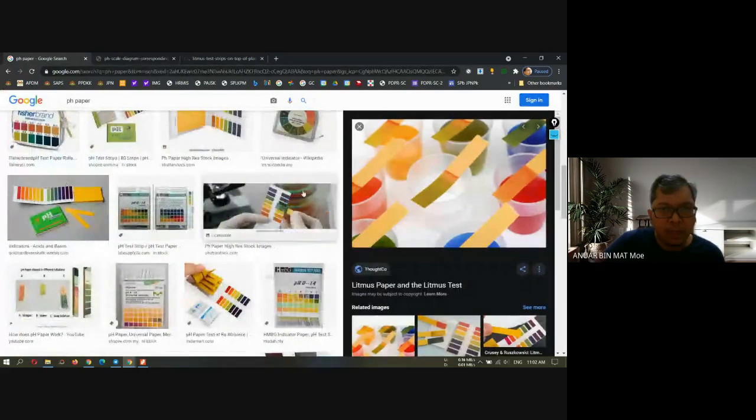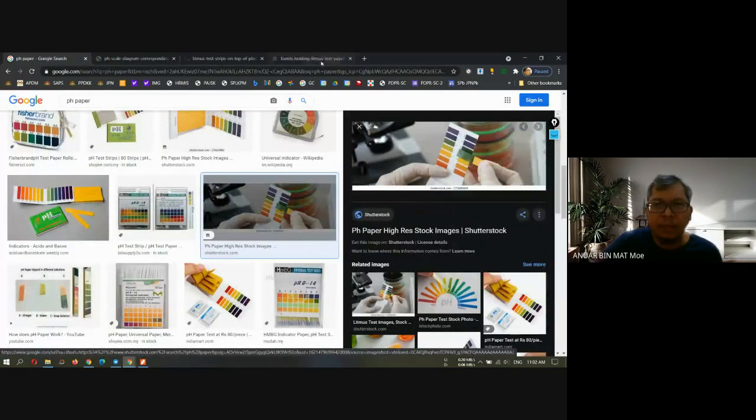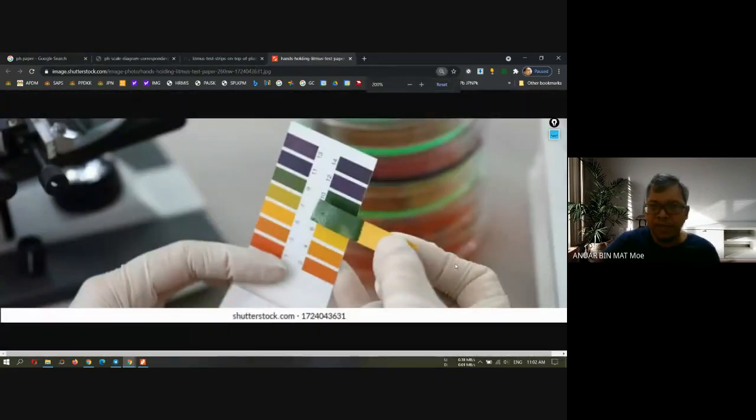You must use pH paper together with the scale.